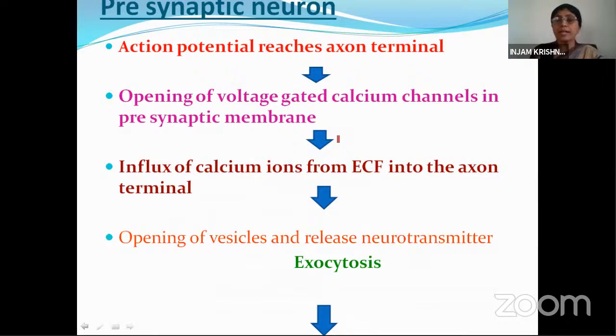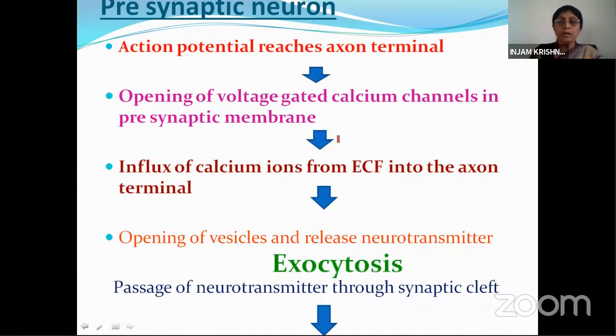Opening of vesicles and release of neurotransmitters, that is called exocytosis. It is nothing but an actual recap. Next, passage of neurotransmitter through the synaptic cleft. All these steps occurred in the presynaptic neuron up to the passage of neurotransmitter through the synaptic cleft.